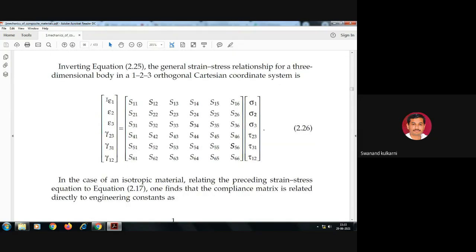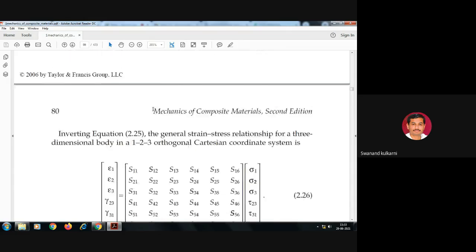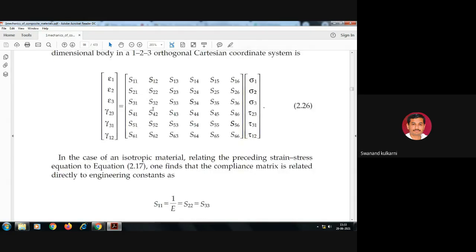Similarly, to represent the relationship between strain and stress, if I want epsilon 1 in terms of sigma 1, sigma 2, sigma 3, then the first row is related with the first column, and that multiplication will give epsilon 1. Previously we considered the stiffness matrix; here we consider the compliance matrix.